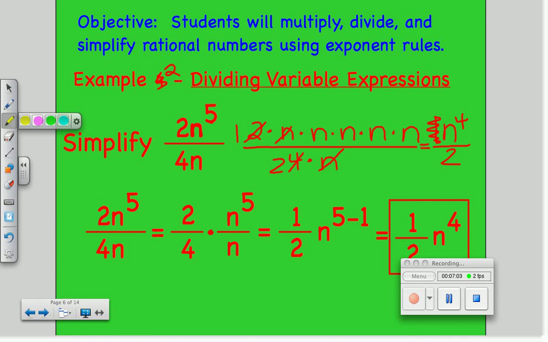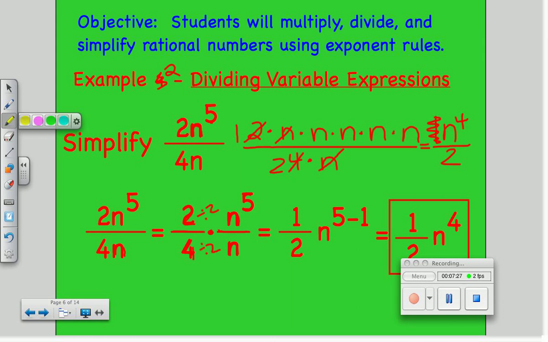So here, they separated out the coefficients. So they wrote 2 over 4. They multiply that by n raised to the power of 5 and n by itself, right? We'd have 1 n over here. Okay? 2 over 4 reduces to 1 over 2 when you divide by 2.